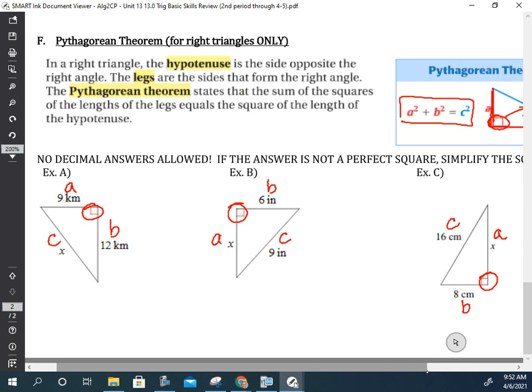So if you can label it, you can plug it into a formula. A squared plus b squared equals c squared. That's the Pythagorean theorem. So let's do some work.